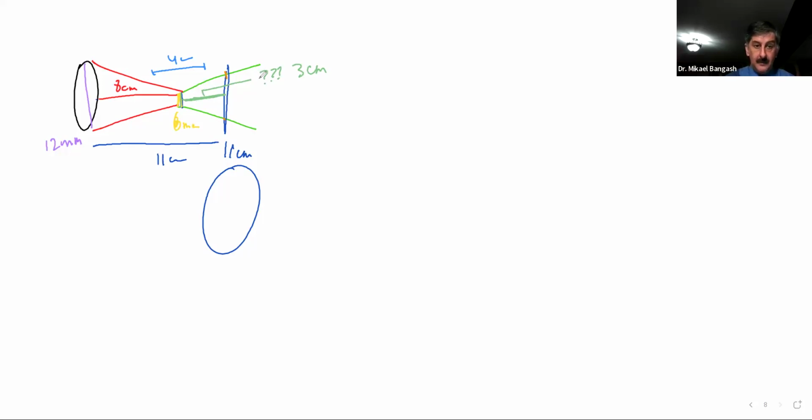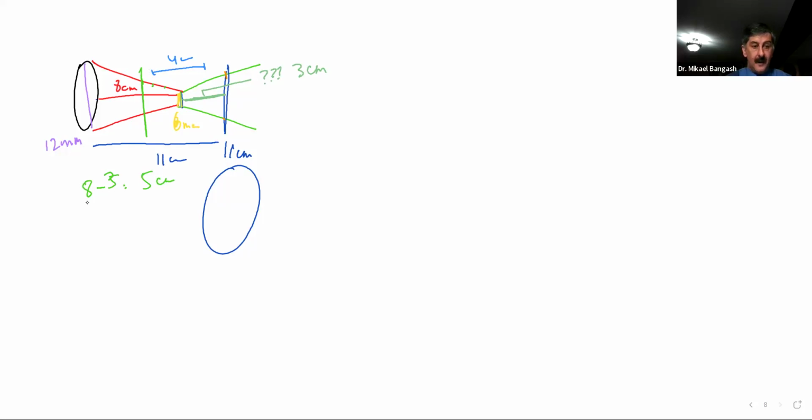So the diameter of the beam at 11 centimeters, which is 3 centimeters into the far zone, is going to be the same if we go 3 centimeters back from the focal point into the near zone, which is going to be 8 minus 3, sorry, which will become 5 centimeters.